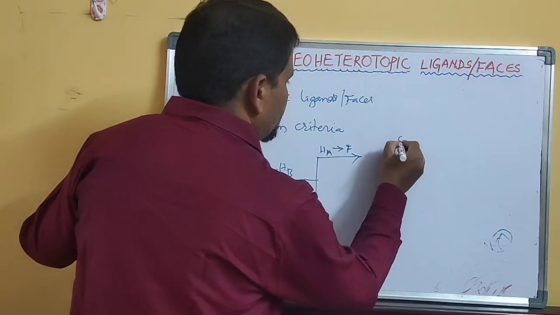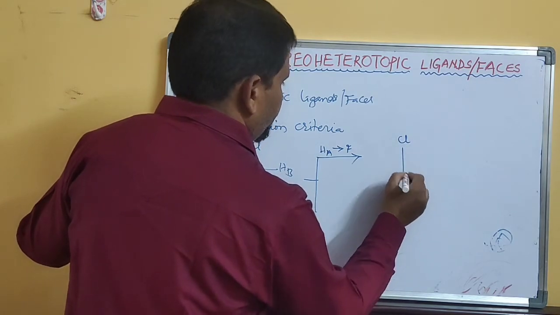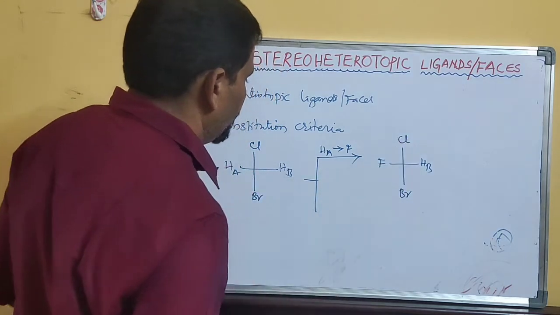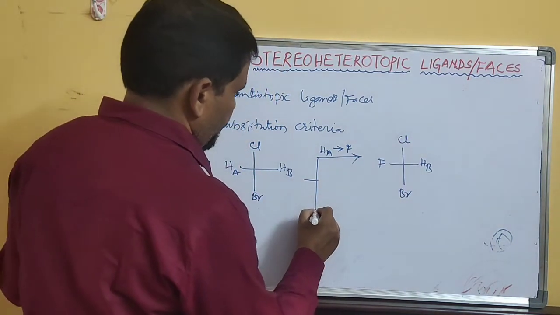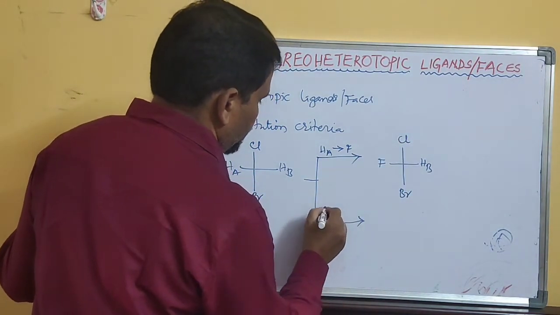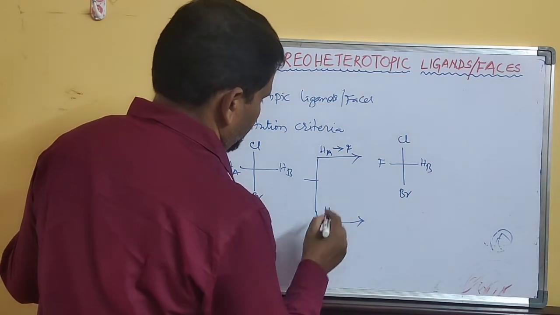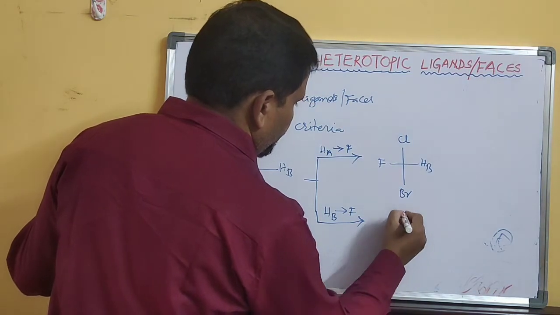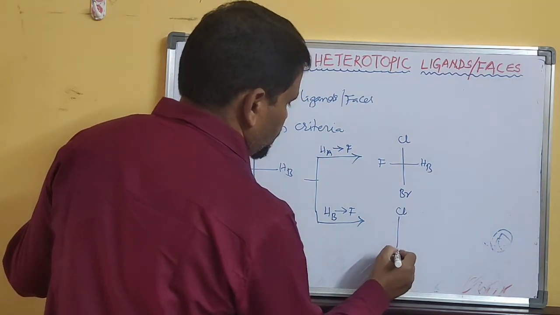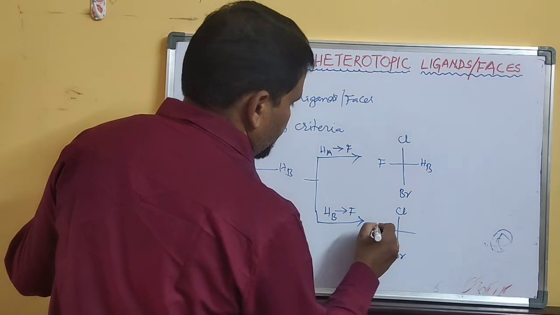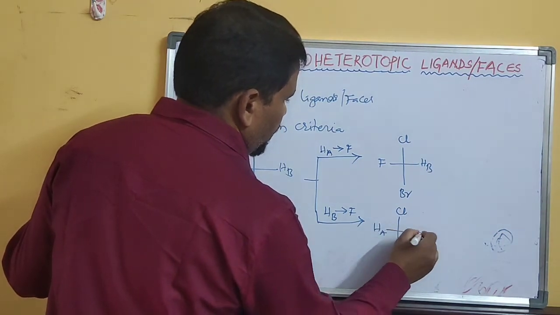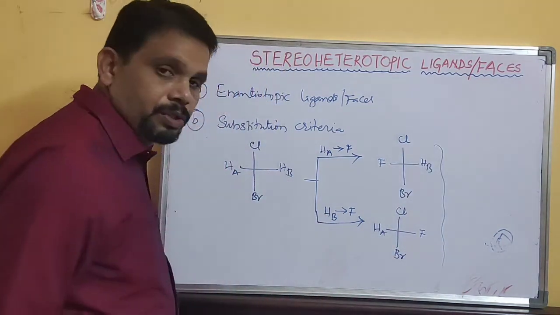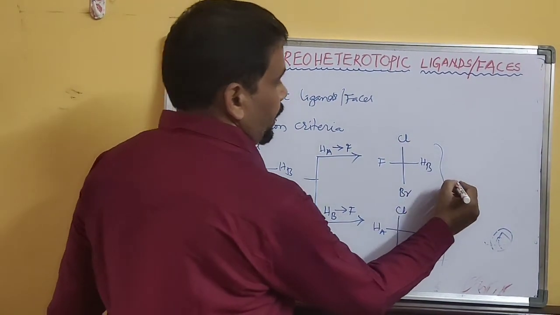The product is Cl, Br, Hb and F. If you substitute the other ligand or atom with fluorine, you will get Ha and F. These two are enantiomers.